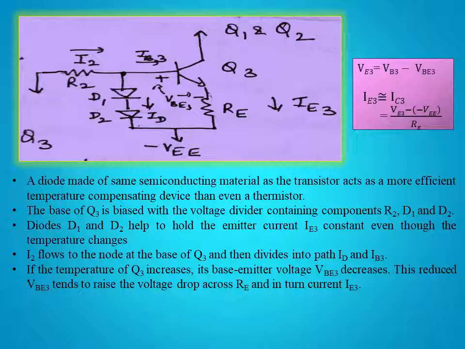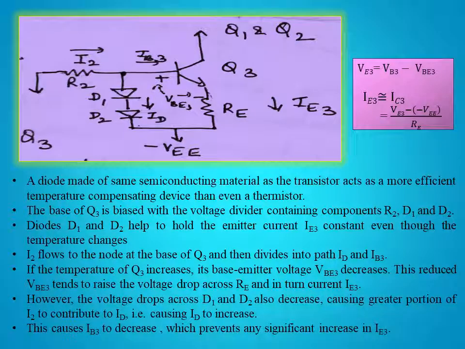So as seen from this equation, if VBE3 reduces, then VE3 will increase. And if VE3 increases, then in turn IE3 will also increase.